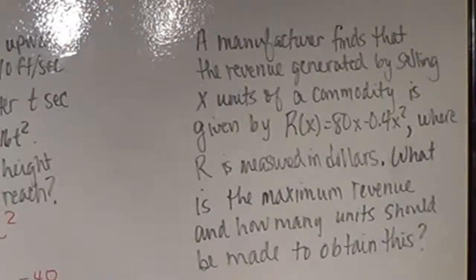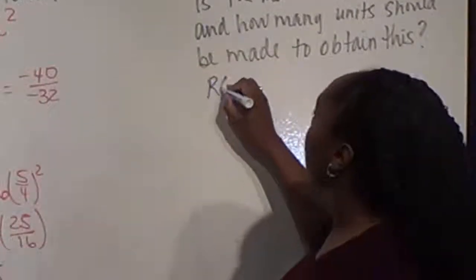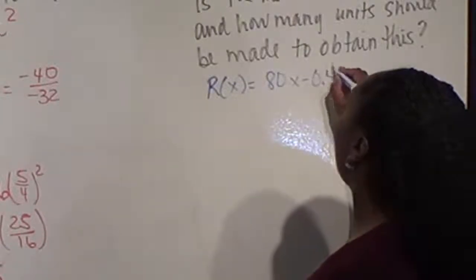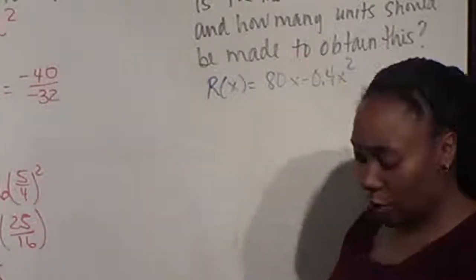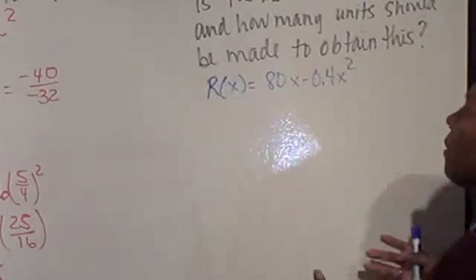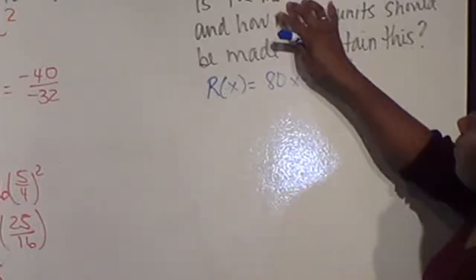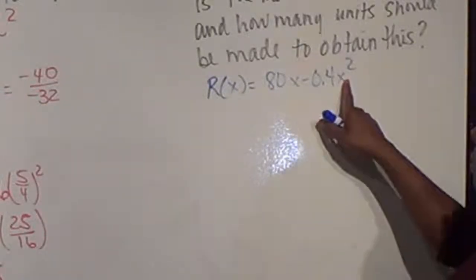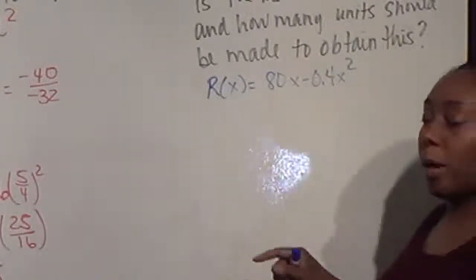Okay, so this is another example where you're given the function and we just need to basically use the function to get information. So here, R of x is equal to 80x minus 0.4x squared. This is very similar to the last example where I am trying to find the vertex. The maximum there means I'm looking for the high point. And because it's a quadratic, I know I'm looking at a parabola.